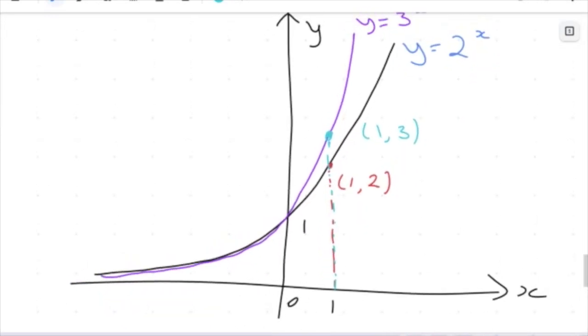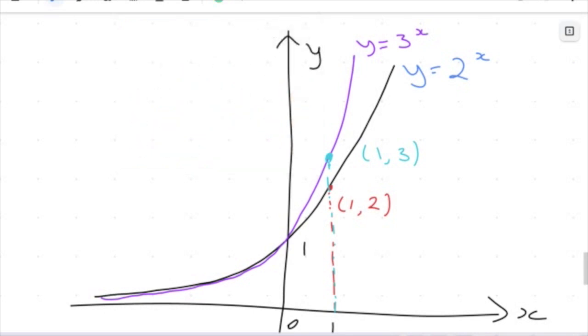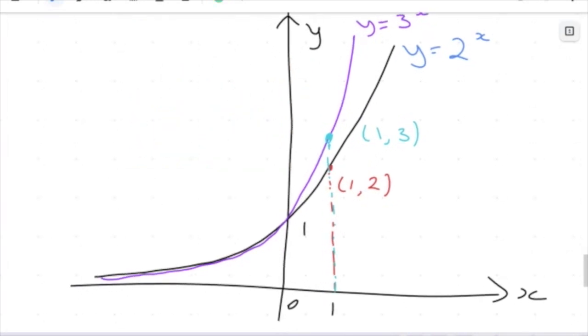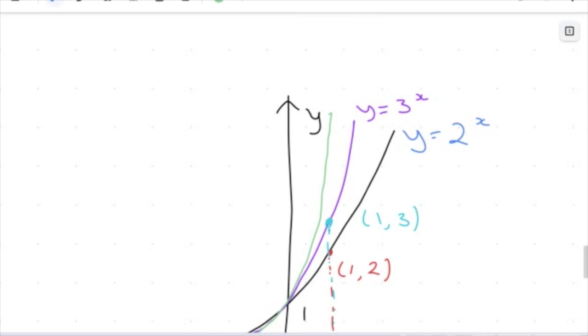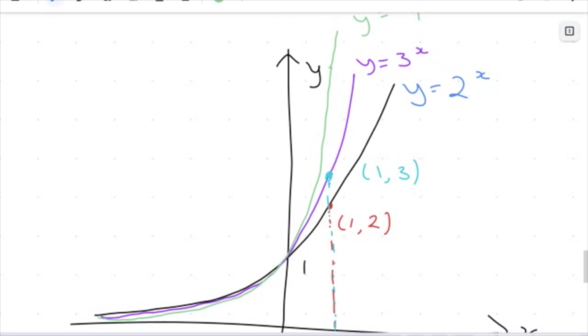And one more, we're going to sketch y equals 4 to the power of x. And that's going to be this guy up here. Let's draw this up a little more. Y equals 4 to the power of x. So you can clearly see that as my base number gets bigger, my exponential shoots up quicker.